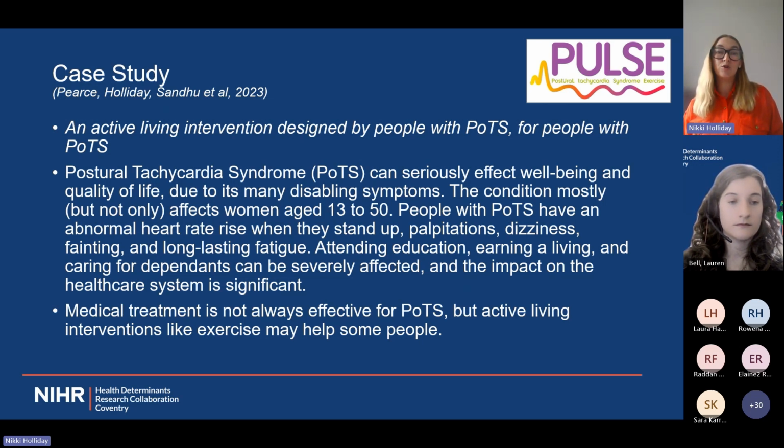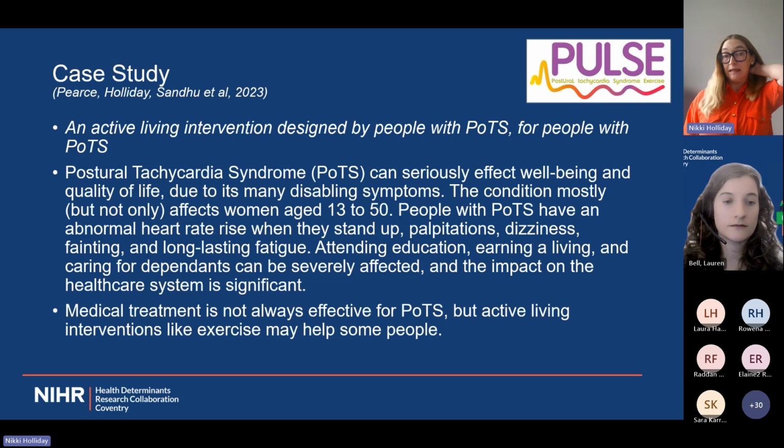POTS is Postural Tachycardia Syndrome, and it can really affect well-being and quality of life due to its many symptoms. The condition mostly affects, but not only, women aged 13 to 50, and the symptoms include abnormal heart rate rises when standing, palpitations, dizziness, fainting, and long-lasting and sometimes quite severe fatigue.